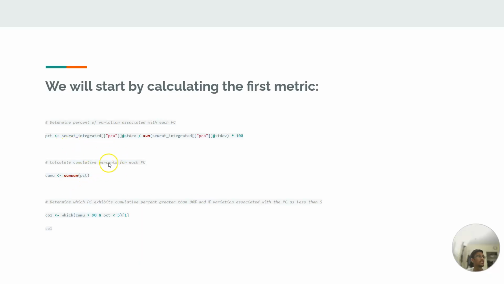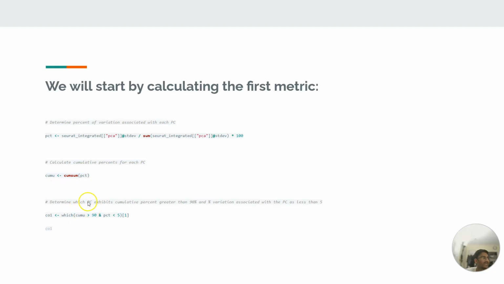Then we're going to calculate the cumulative percentage associated with each of those percent variations, so that's using the cumsum function. That's going to be stored in a cumu variable.